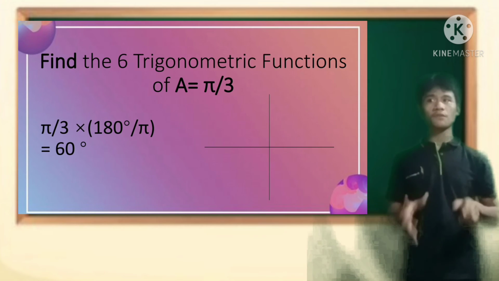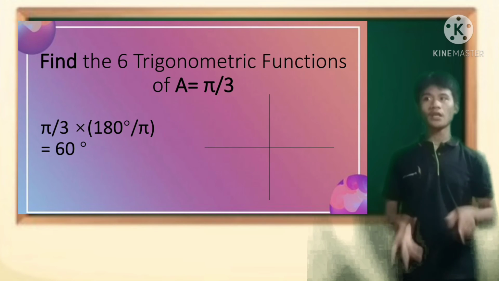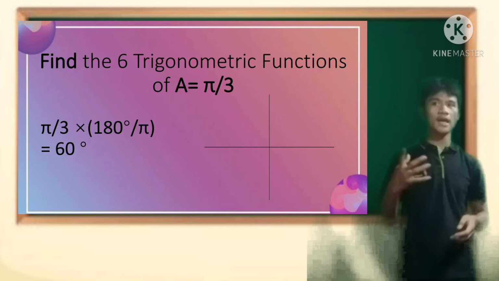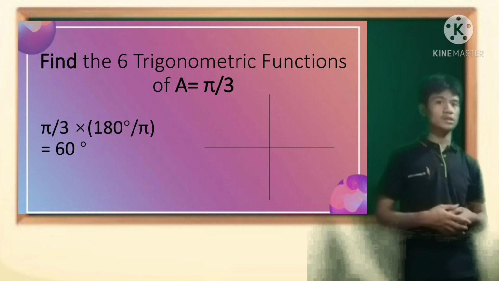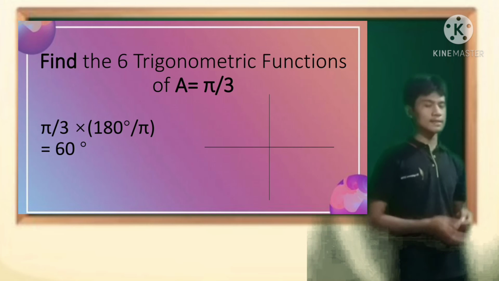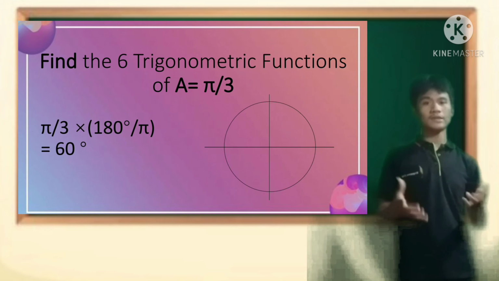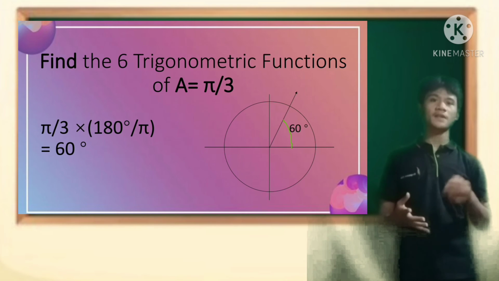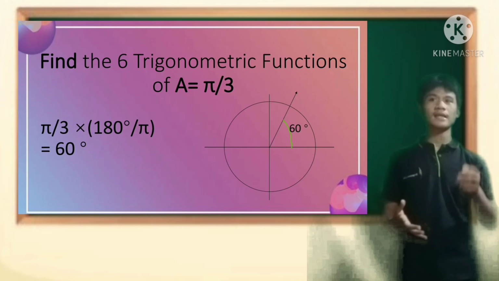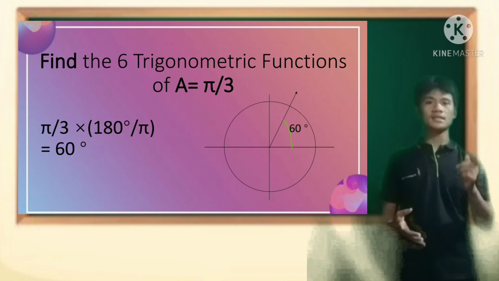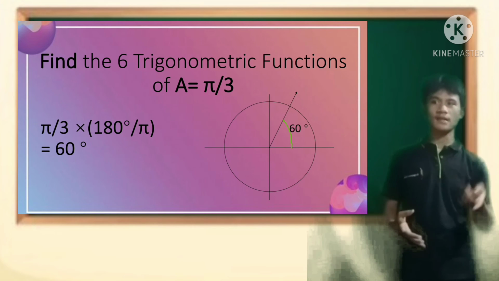The goal here is to find the 6 trigonometric functions of the angle equal to 60 degrees. 60 degrees in a unit circle is around here. As we all know, if the angle is less than 90 degrees, the reference angle must be equal to itself.